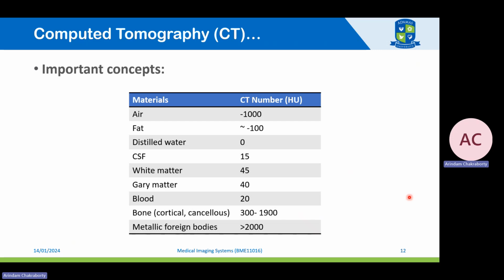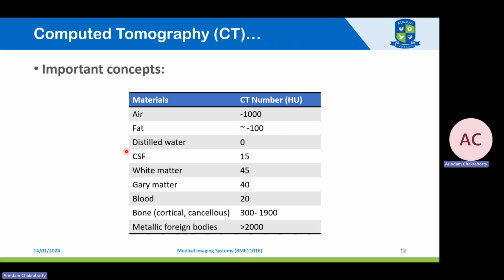Here, this gives a basic representation of the values of several CT numbers in Hounsfield units. The baseline is distilled water, which has a 0, and air has a CT number of negative 1000.